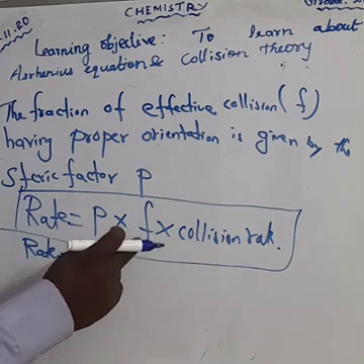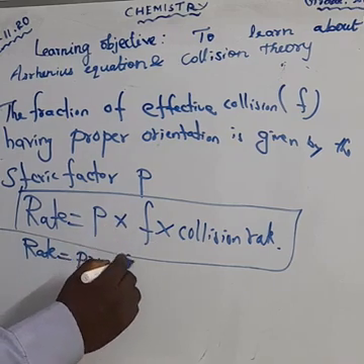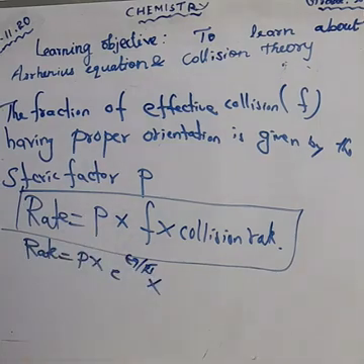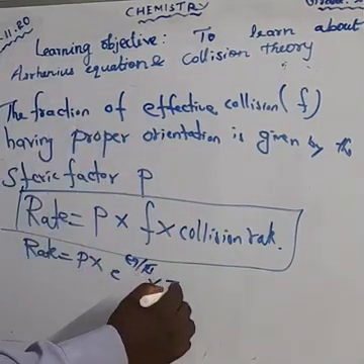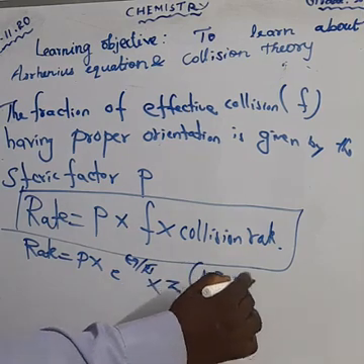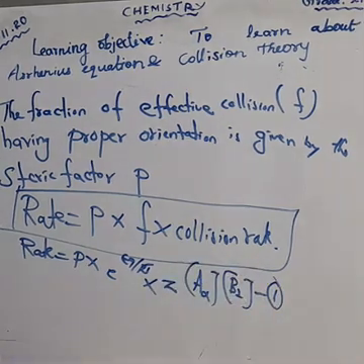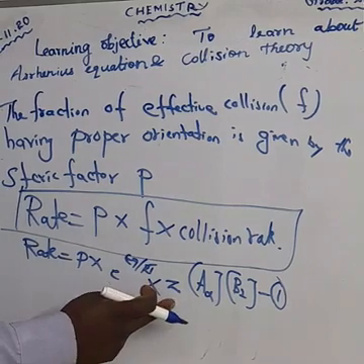P into F can be written as already told you, e to the power minus EA by RT, into one of the constant, the Z constant, Z A2 B2. We can call this equation number 1, the rate we learned previously.